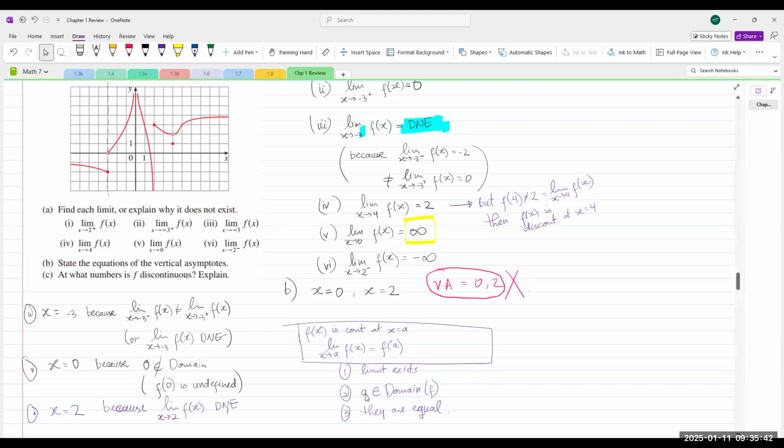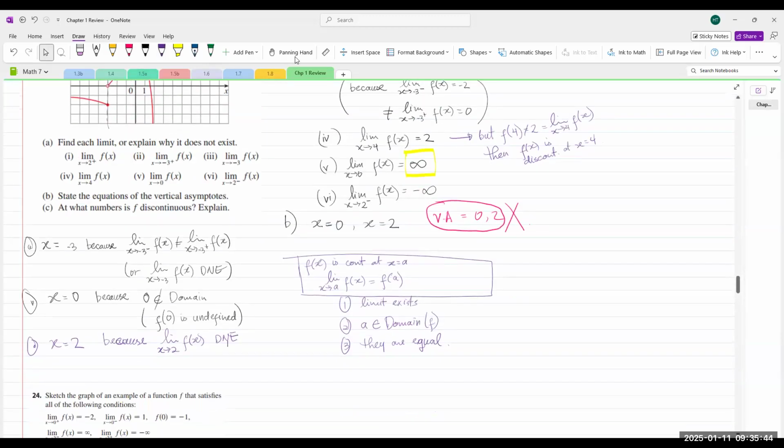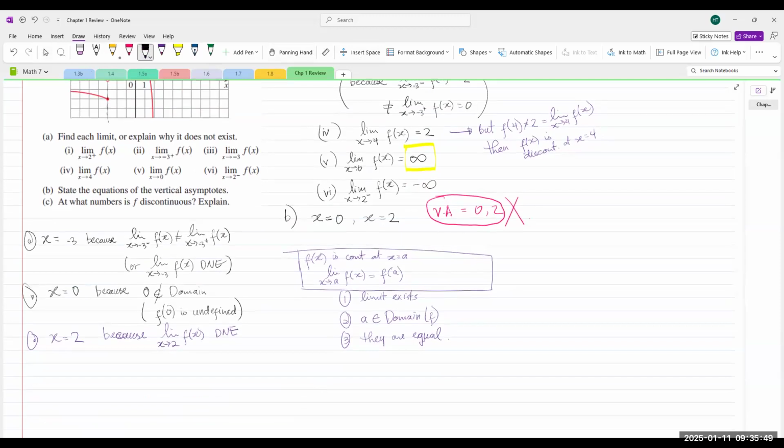And then at x equals 4 it's also discontinuous, because the limit exists and the function is in the domain, but they are not equal. The limit as x approaches 4 of f(x) is not equal to f(4). Okay?